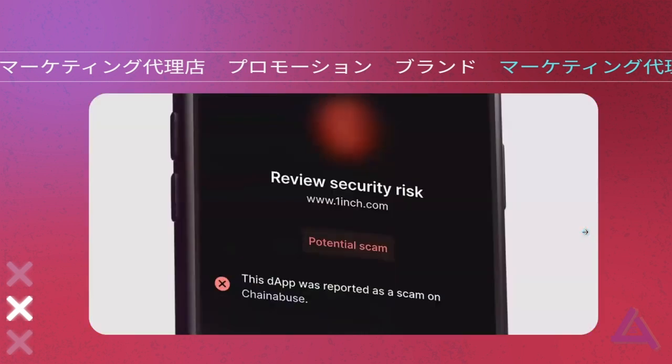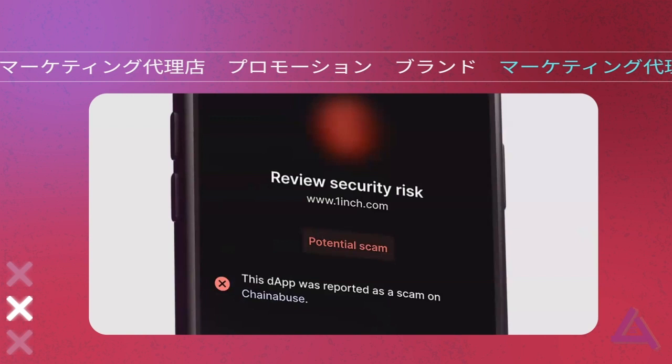And even if you are trying to sign a smart contract, it will take a look at the smart contract and say if there is a security risk or not, depending on external sites. So I think that's an improvement in UX.